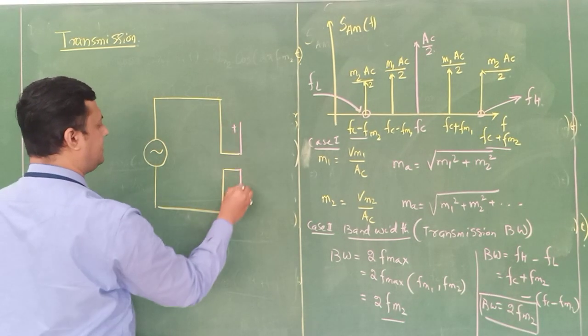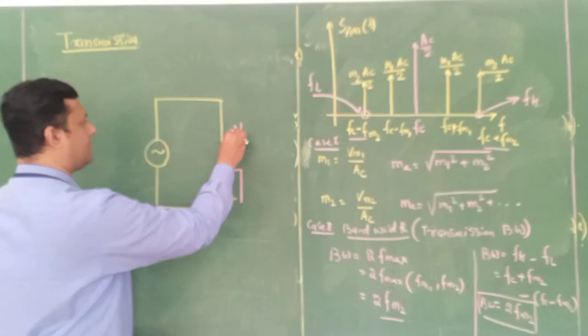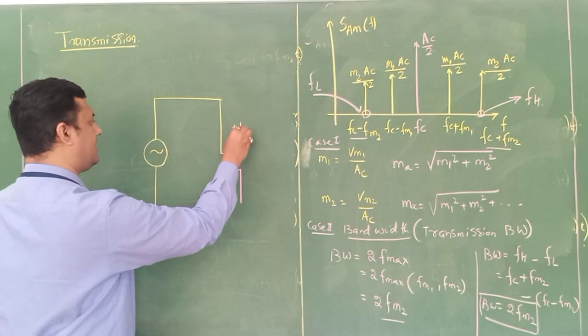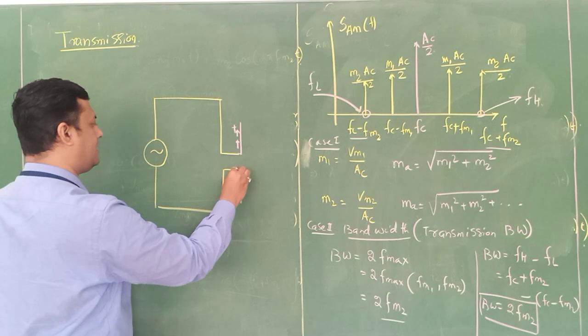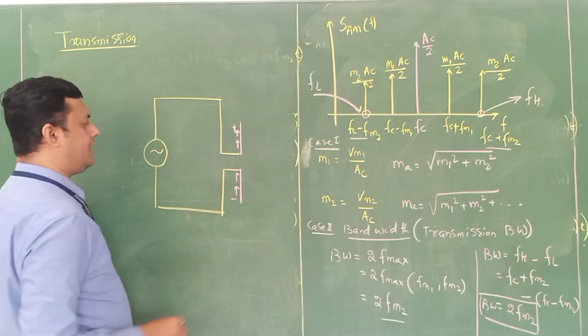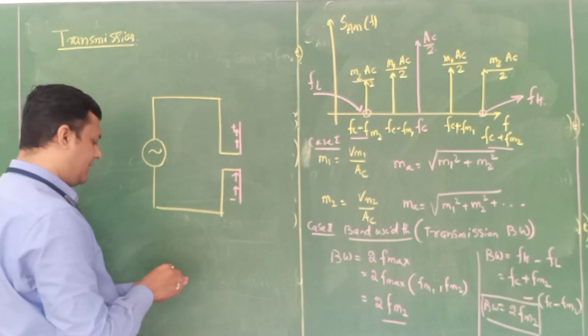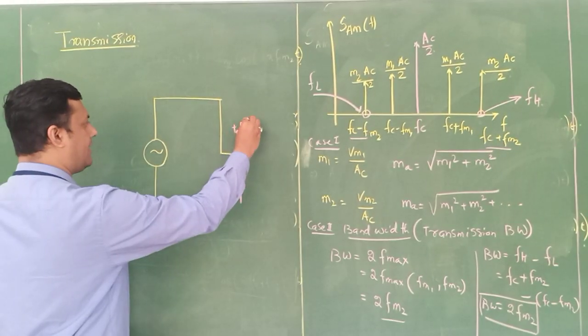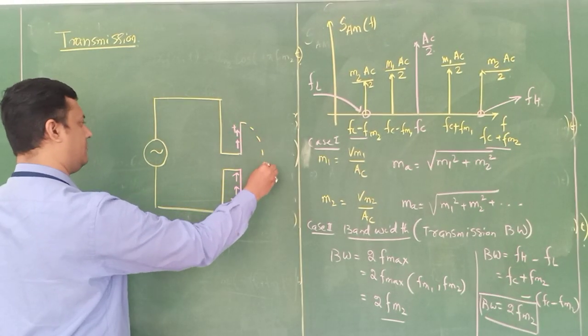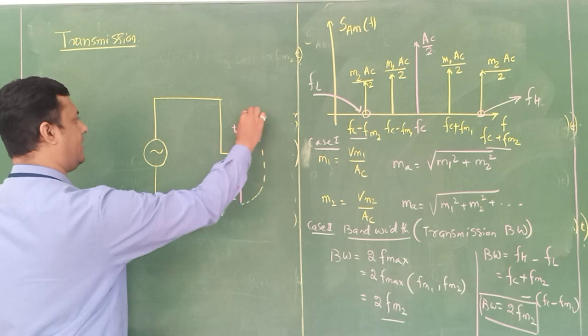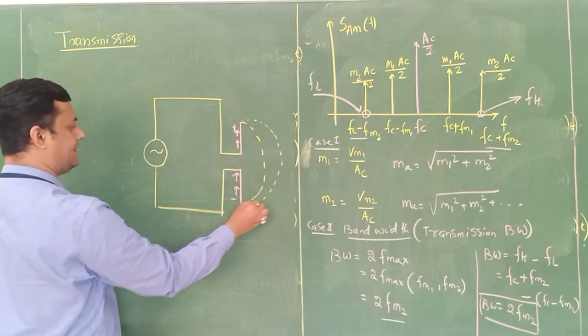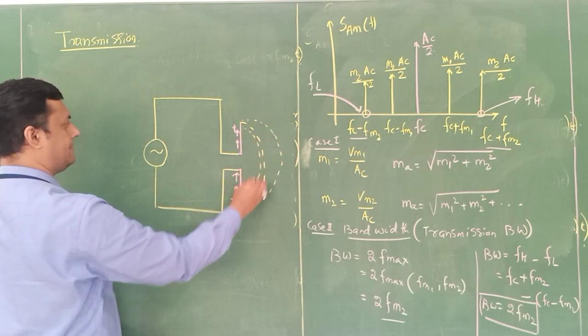So this is plus and this is minus. So current will move in this particular direction as well as enter in this particular direction, and the fields are going to be generated in this particular direction like this. These are the fields.